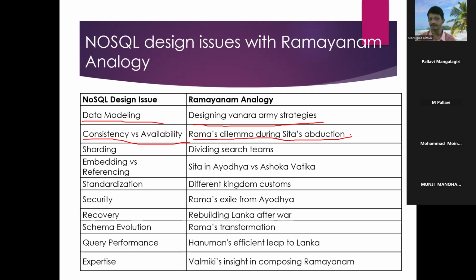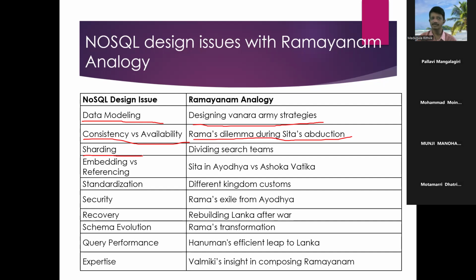So this is also one of the major things. Before that, availability is there, but after that availability is not there. Rama is not going to maintain consistency as far as Sita's protection is concerned. This is also one of the major issues that we come across in NoSQL databases.